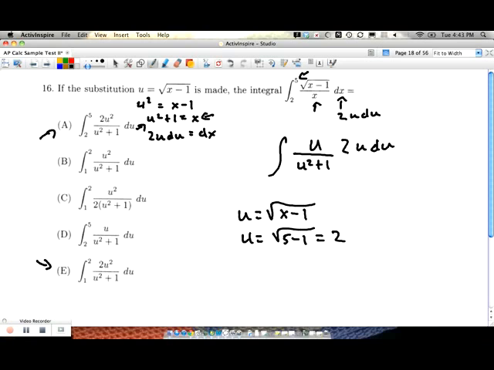So the top should be 2, not 5. So that means that E is the answer. So this was a lot of translation. I need to figure out what was this dx, what was this x, excuse me, and what were the limits as well. You got to translate every piece, not just part of it.